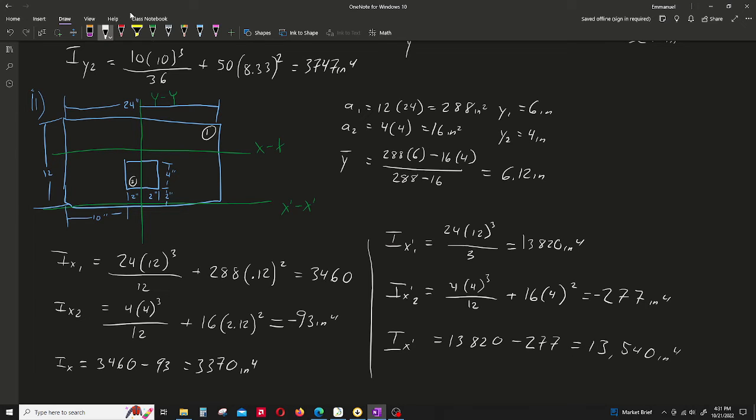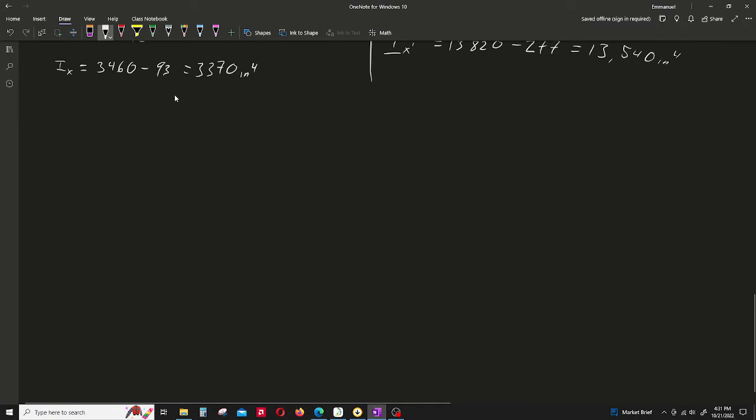All right, so moving right along, number 14 here. Number 14 says, calculate the moment of inertia with respect to the XX centroidal axis of the built-up timber member shown. Use the rough dimensions given. So please note these are rough dimensions, and it looks something like this.